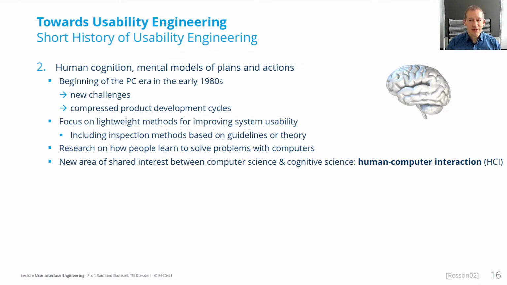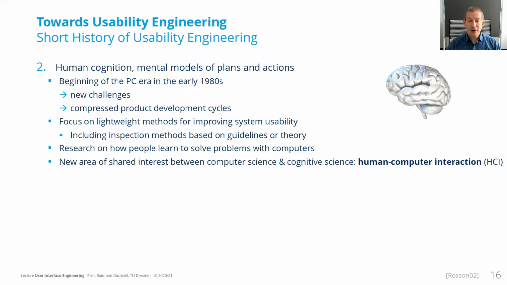So these are the analytical evaluation methods we were talking about. And of course, learning aspects also came into play: how people learn to solve problems with computers, what their cognitive approach is, and what their mental models are. So the idea of metaphors arose during that time, and how to apply them to human-computer interfaces.